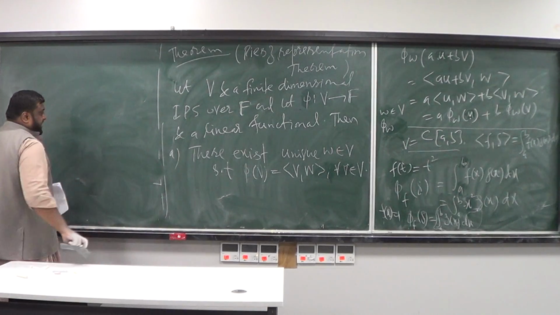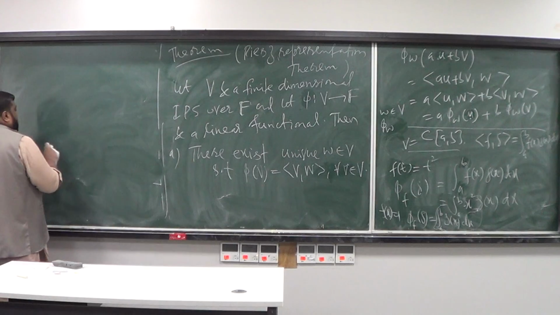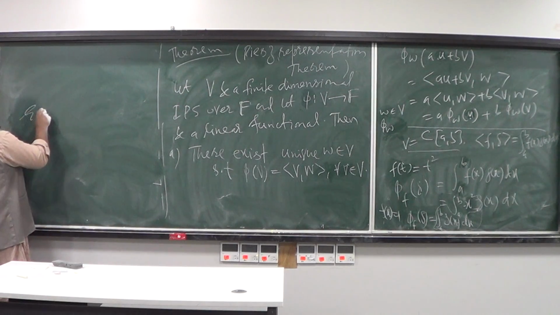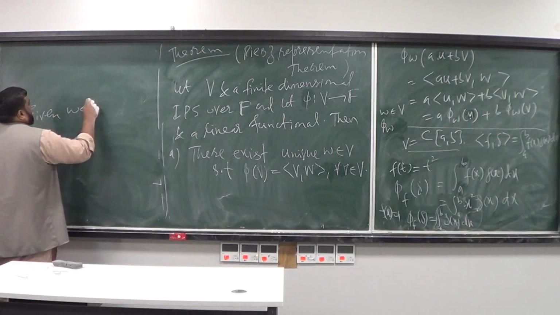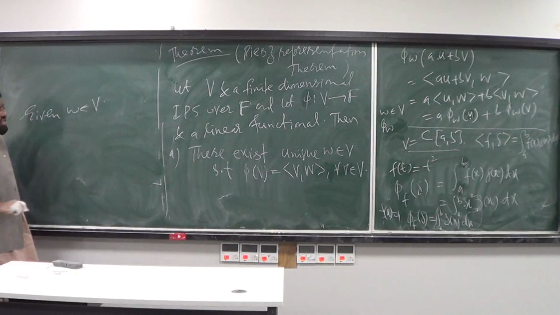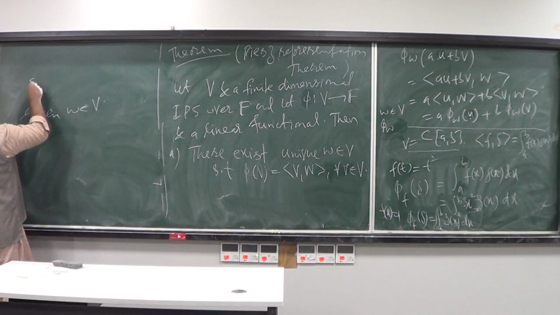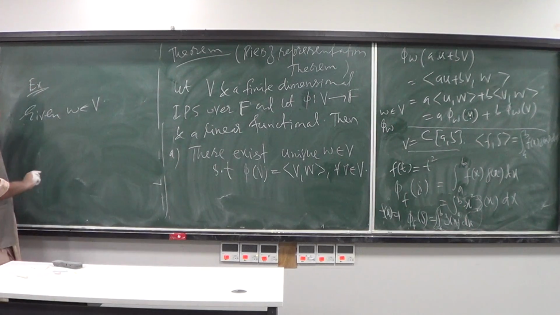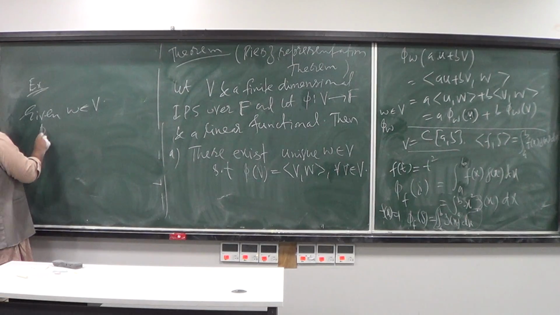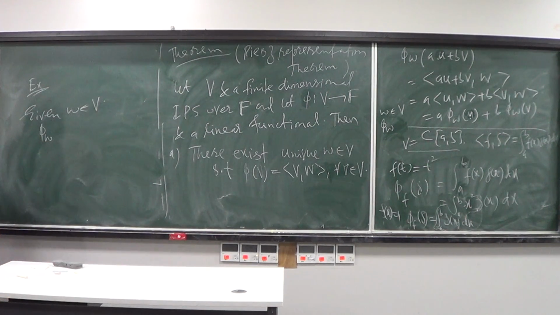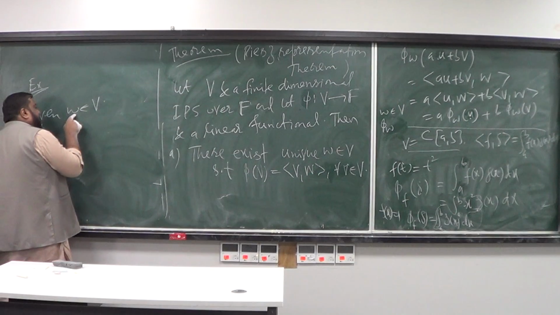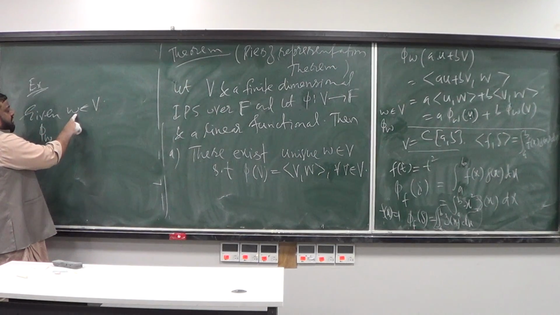So what was the definition? The definition was, given w, from the example that we did previously, I can define a map, I can define a functional corresponding to this w.